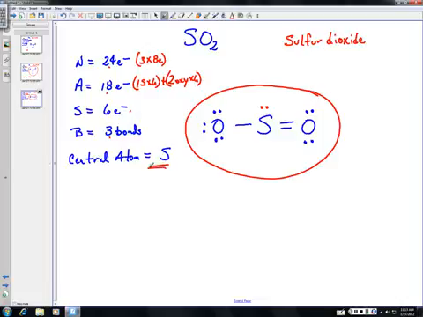If you think about the trends of electronegativity, as I go up a group, I go towards the greater electronegative element. Oxygen sits higher than sulfur, so sulfur is less electronegative than oxygen. And it's the only one of its kind, so we're going to put it in the center.